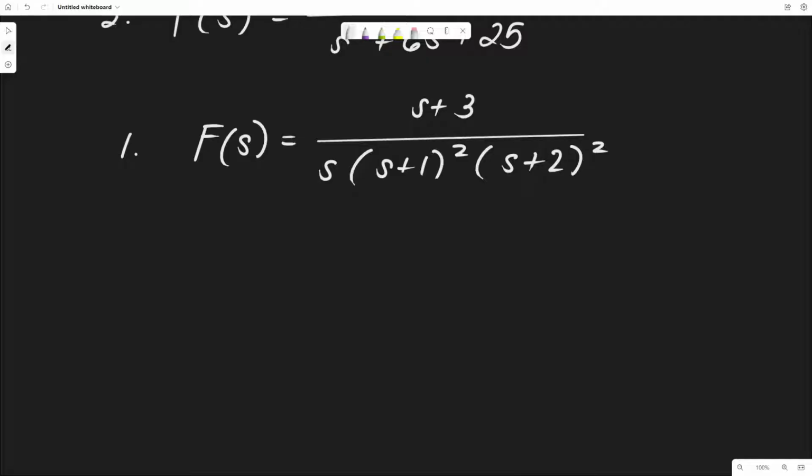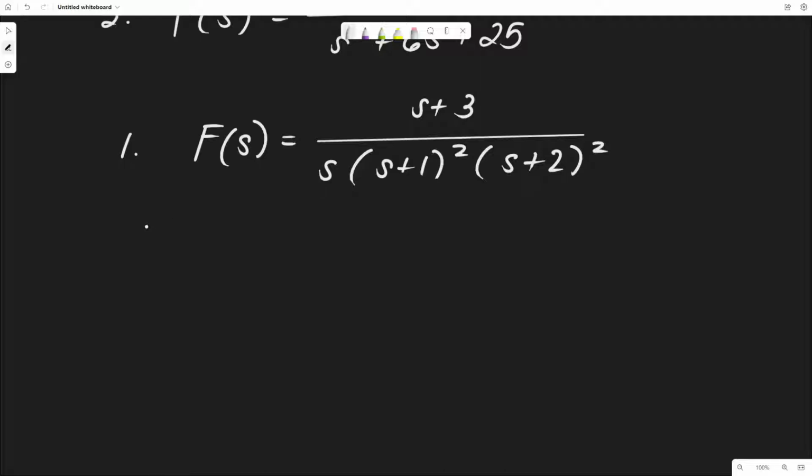Okay? So what are we going to do with this function? We cannot inverse Laplace transform it right away, because we need to determine the partial fraction decomposition of this function. Obviously, we need to simplify it.